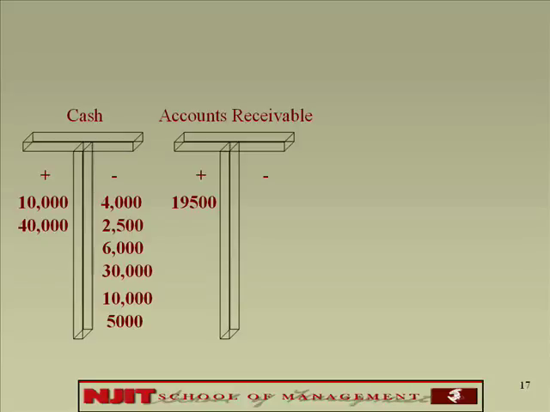They owe you 19,500 less 10,000. So accounts receivable would be minus 10,000. Cash is plus 10,000. So the entry is cash debit 10,000, accounts receivable credit 10,000. So the journal entry, which I think you're very comfortable with now, looks like this.